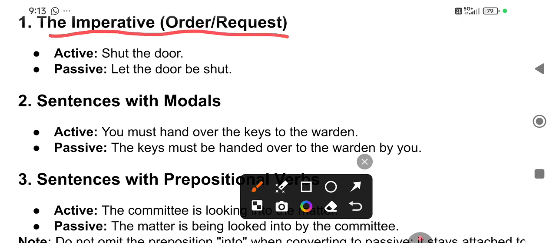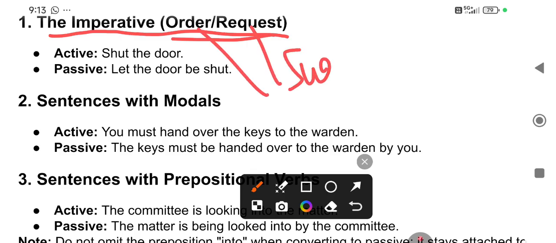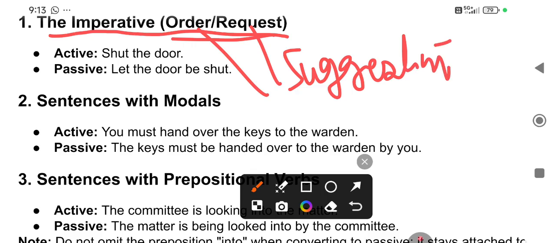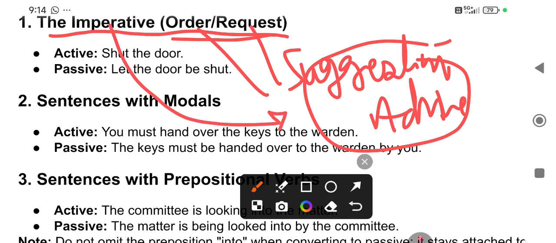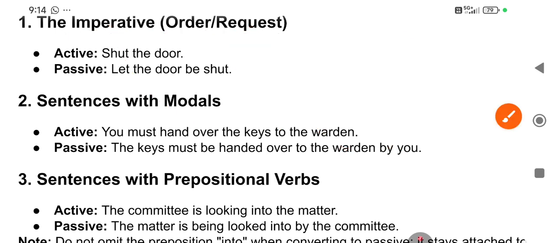First of all, imperative sentences are order, request, suggestion, and advice. Advice and suggestion are almost the same. So these sentences are called imperative sentences. For imperative sentences, the rules of active voice to passive voice are different.